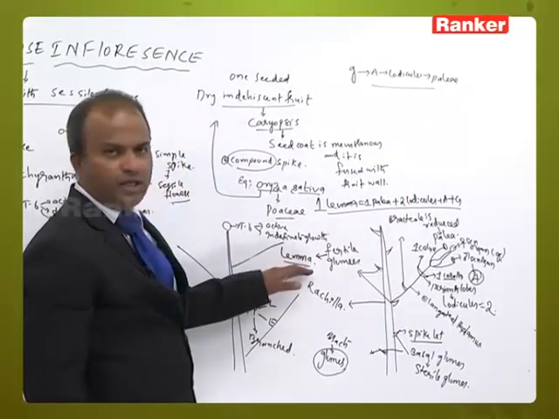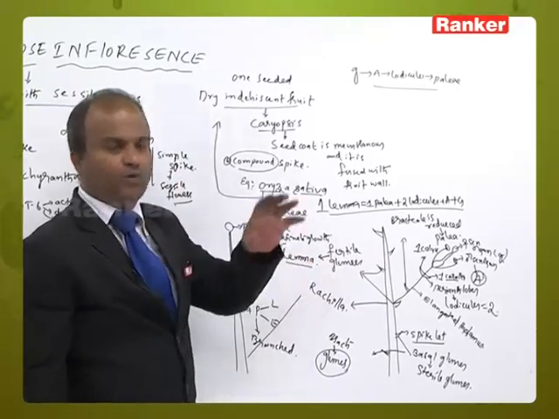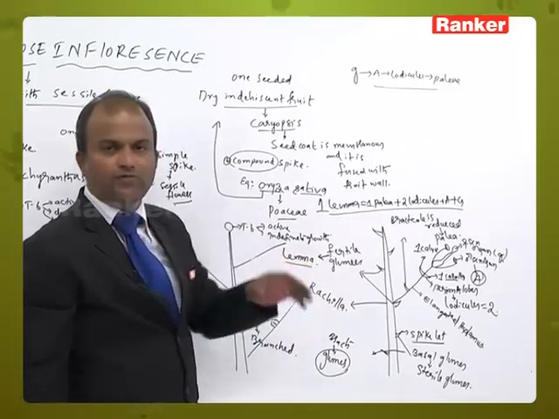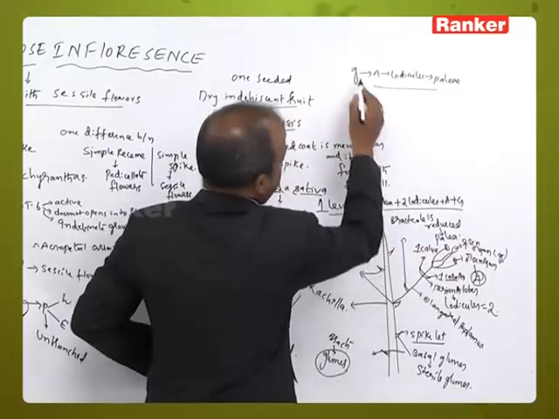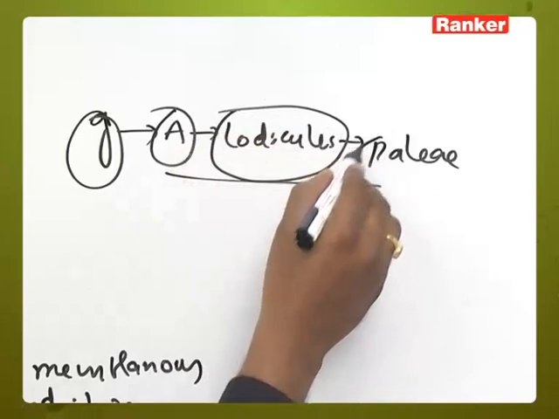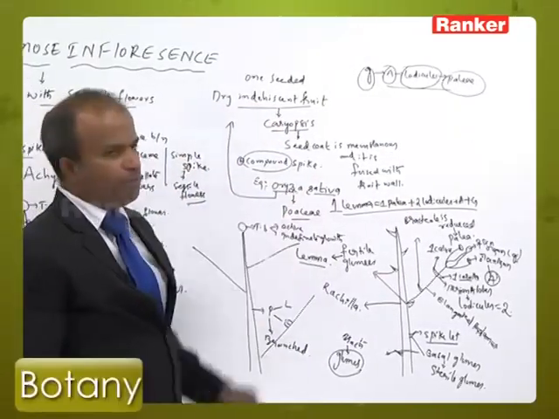That means in one lemma, arranging the floral parts in descending order: first gynoecium, second androecium, third lodicules, and fourth palea.